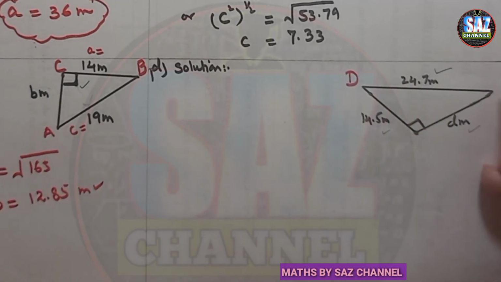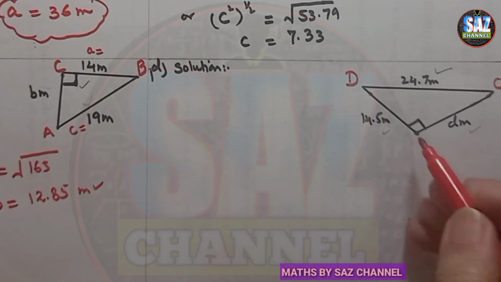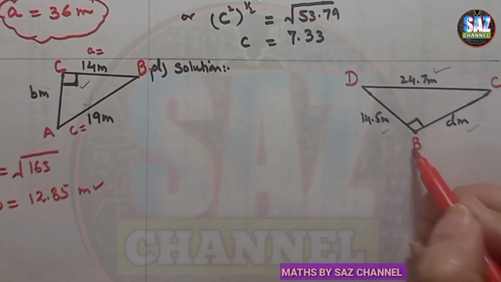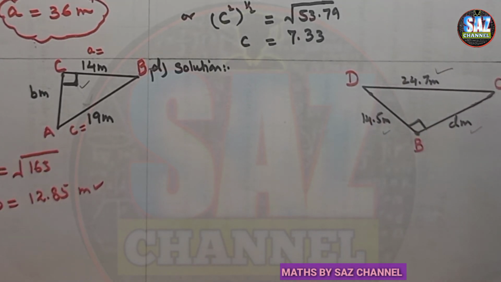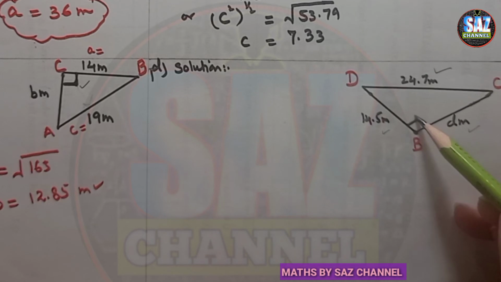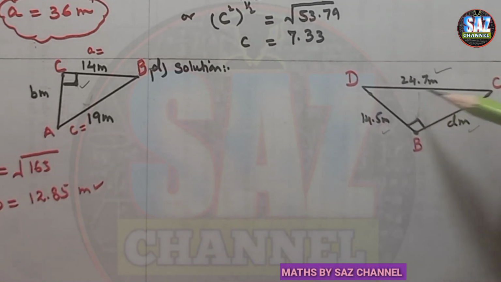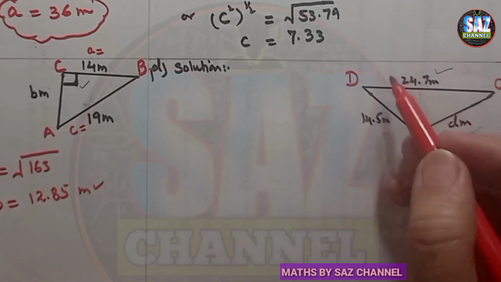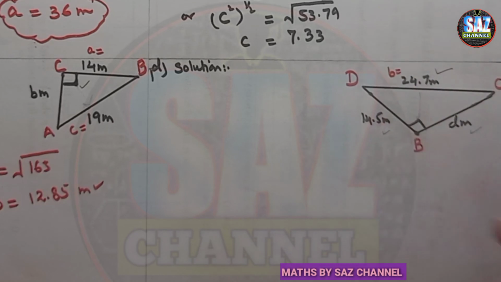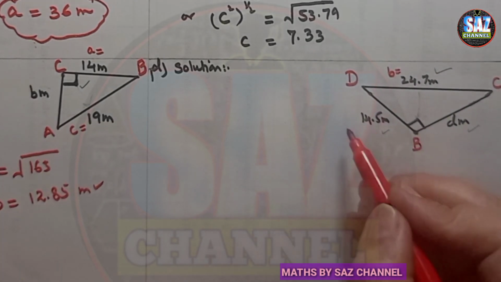The rest of the two sides can be of your choice, C and B. Now, after marking the vertices with capital letters, we have to identify the place of the 90-degree angle. The 90-degree angle is at vertex B, and the side opposite to vertex B will be the hypotenuse, and let me mark it with B.